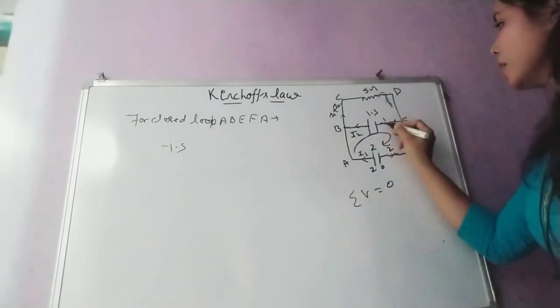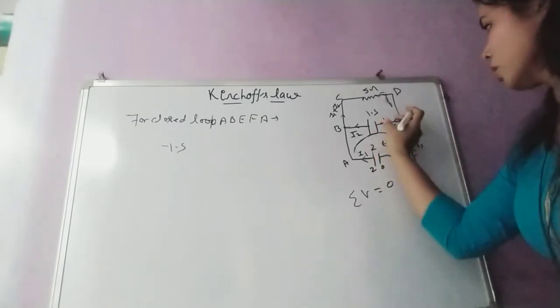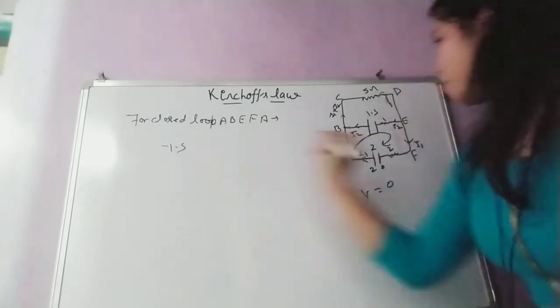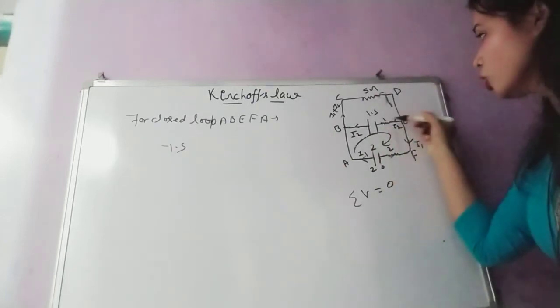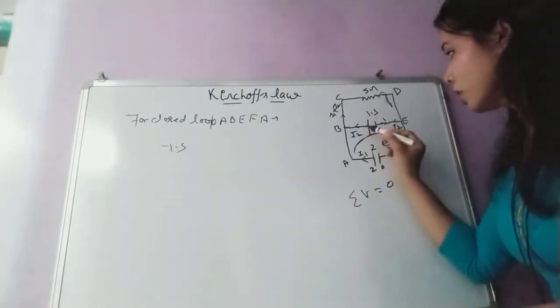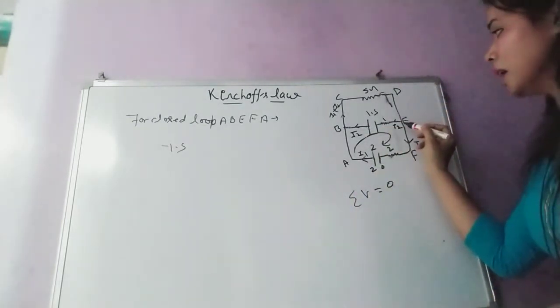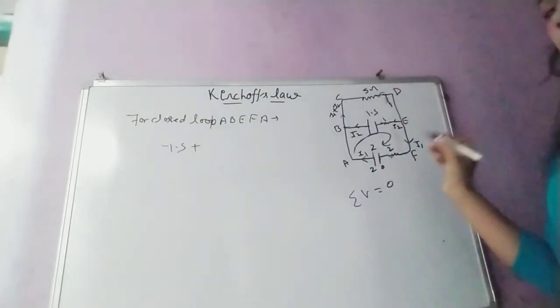Now moving to this resistor of 1 ohm. For this potential I will write, see, the direction of path is opposite to the direction of current, so it will be positive. As I told you the rules, the direction of current is this and the direction of path is in this direction, so I will write plus, positive.